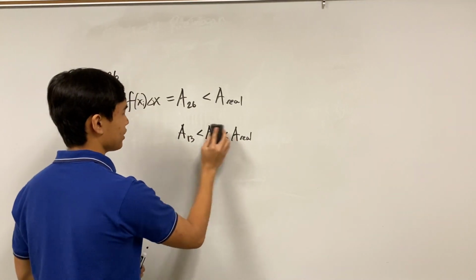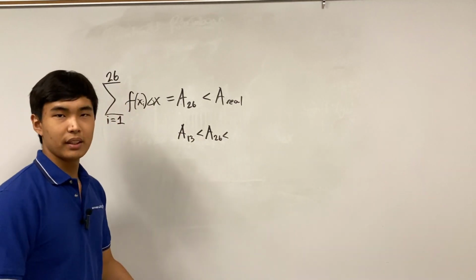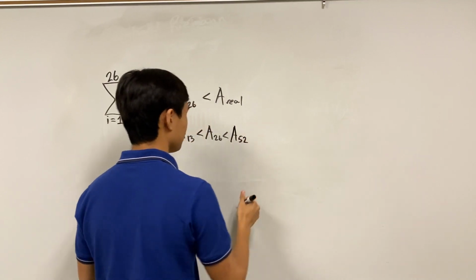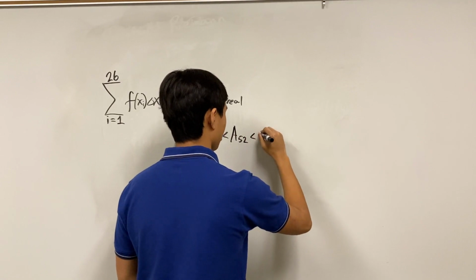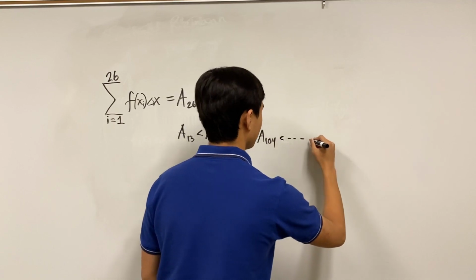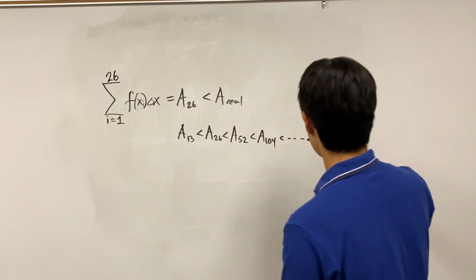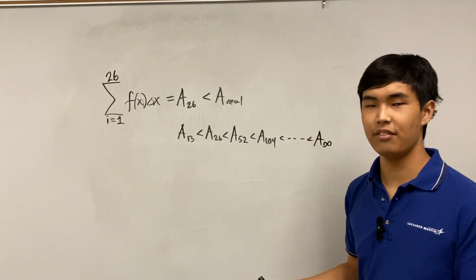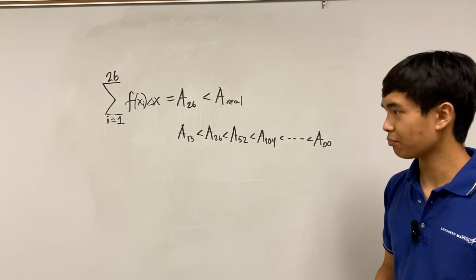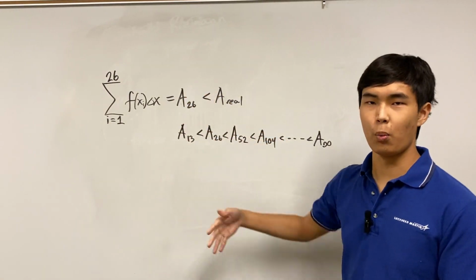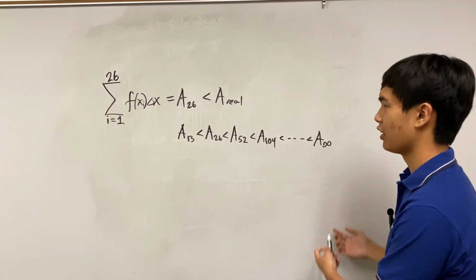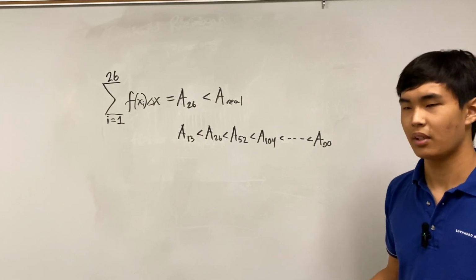So if we kept going in times 2s, the area of 52 rectangles is greater than this. The area of 104 would be greater than that, and so on and so forth until we got to the area of infinite rectangles. But the area of infinite rectangles poses an interesting question, because how wide is a rectangle for you to fit infinite rectangles inside of a given space?